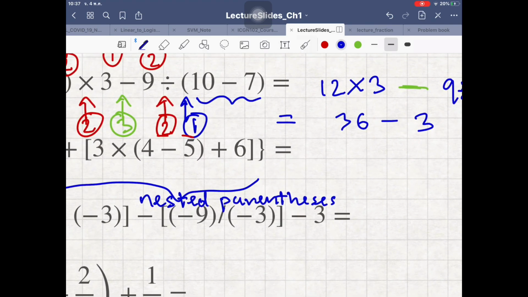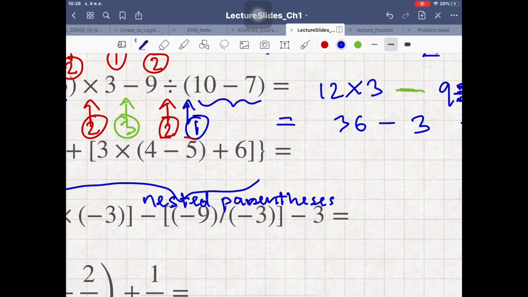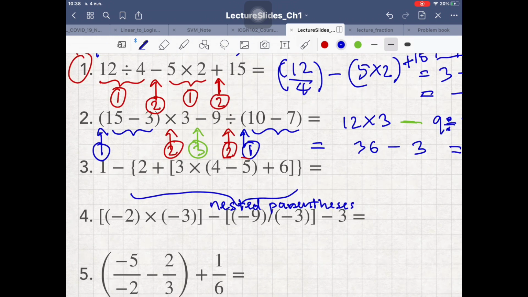Okay, it's going to be this wording, nested. So here again, you start reading the expression from left to right.